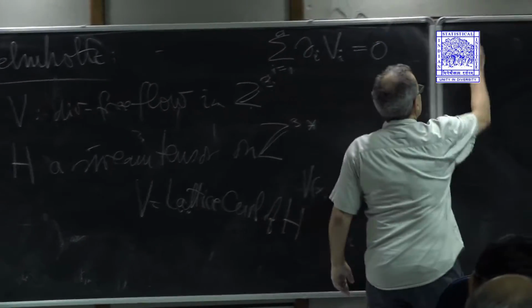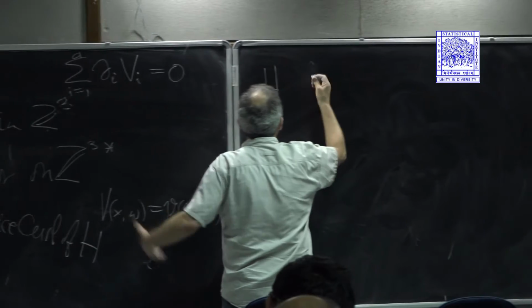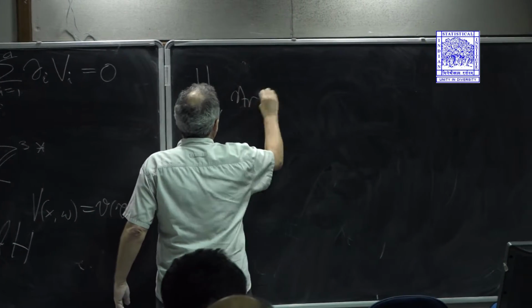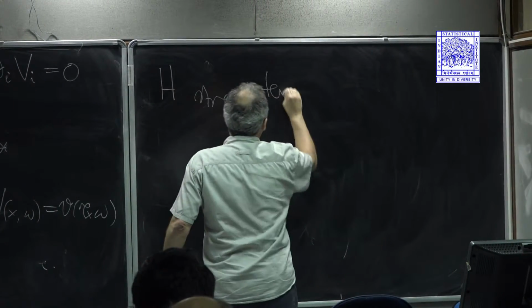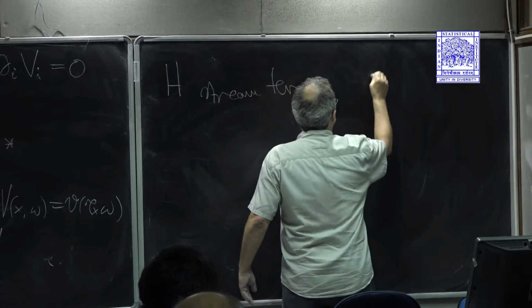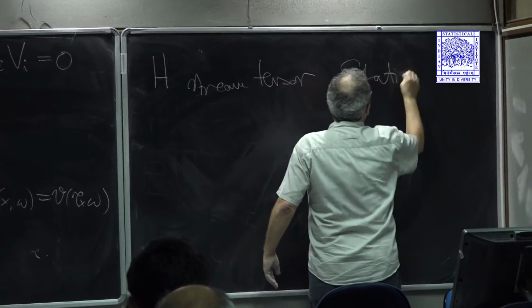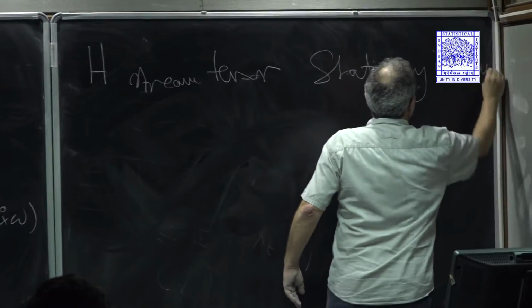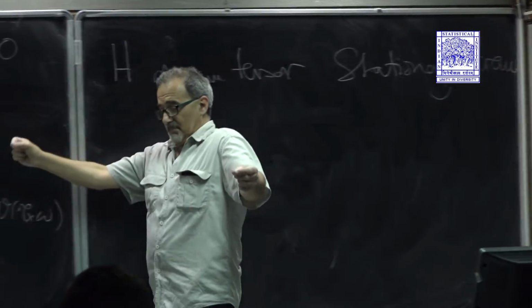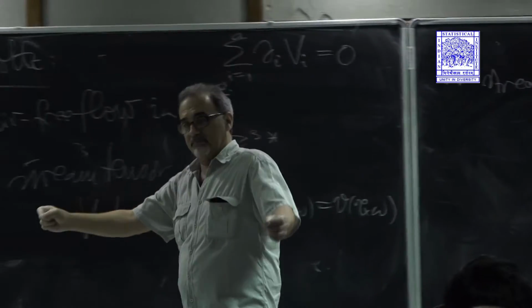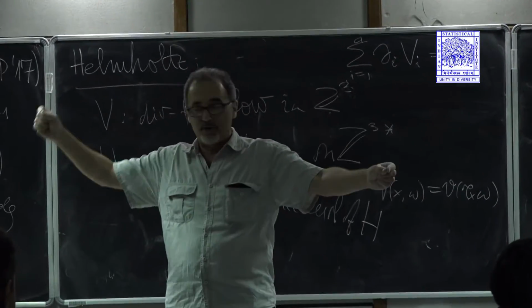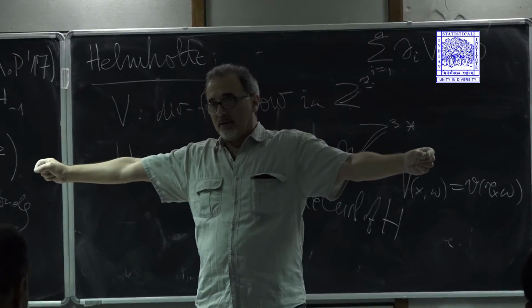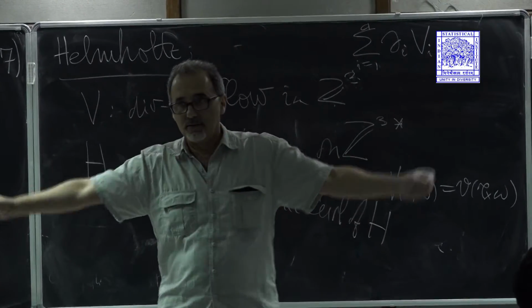So H, this stream tensor, has stationary increments. That means if you take the increments, those have a stationary distribution: take a value here, take a value there, and shift it this way.